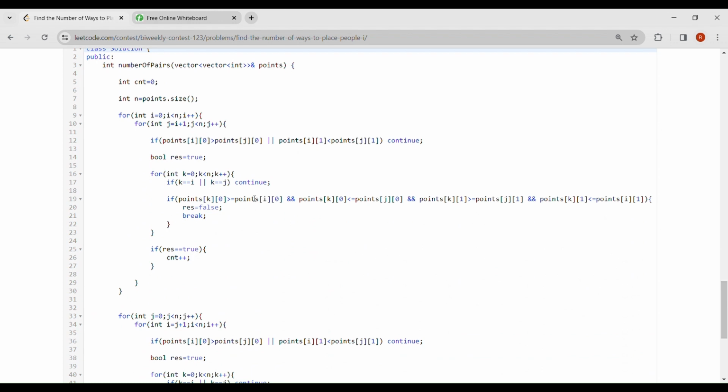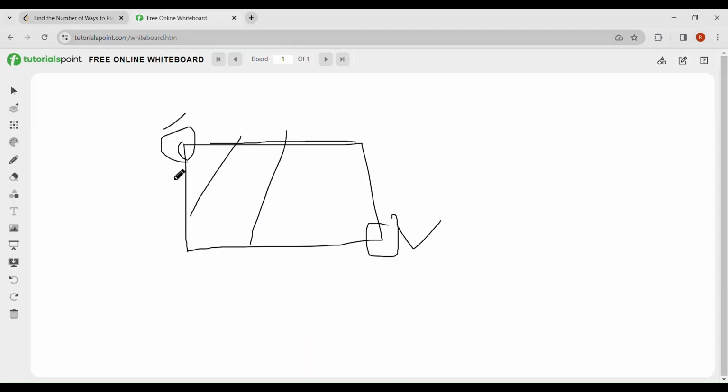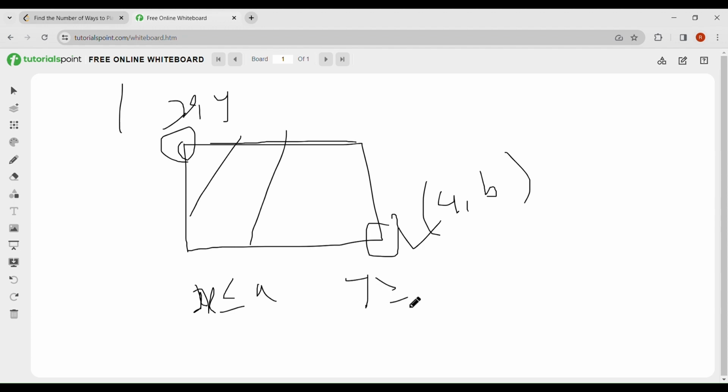So I have used brute force here. Basically, suppose this point is X, Y and this is A, B. The basic condition for this check in this problem is that X should be smaller than or equal to A, and Y should be greater than or equal to B. You need to check whether any point lies in between these two conditions.